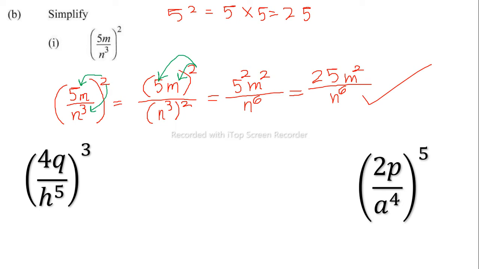Anyone else? The first one I have 64q squared divided by h to the power 15. q squared, yes.